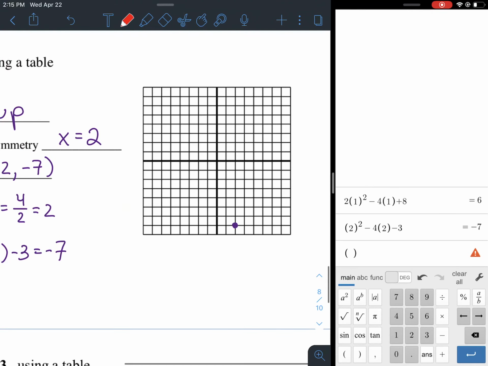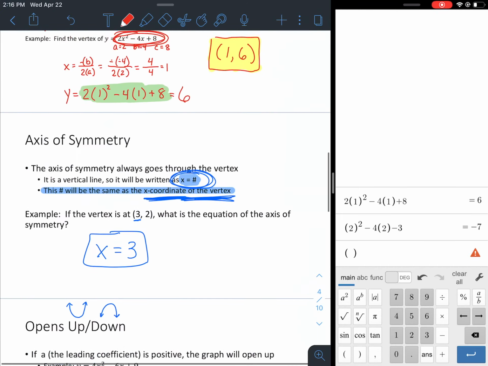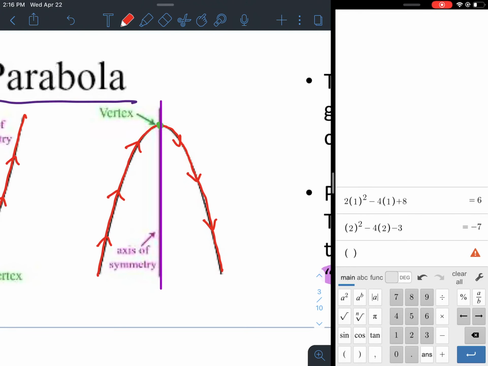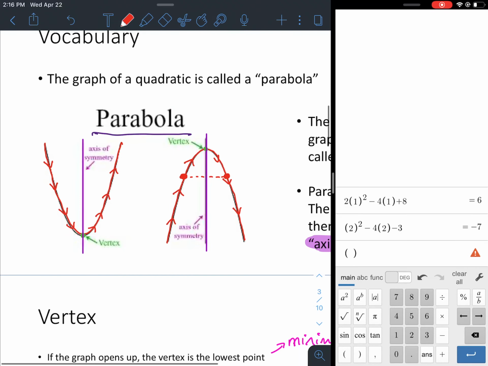Now, if I plot that point, 0 means I don't go side to side, negative 3 means I go down 3. There's actually a second point I can get right away. If you remember, with this whole idea of an axis of symmetry, any point that's over here on the left side, it's got a mirror image over on the right side.